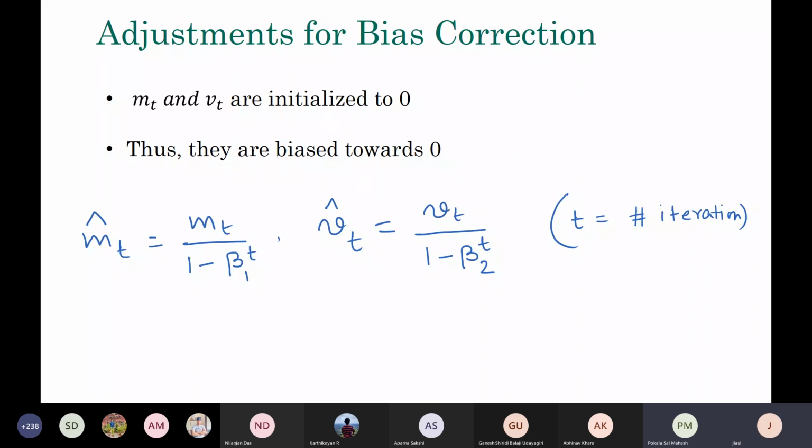So in order to correct that kind of bias, you introduce this concept. You correct the original value by 1 minus beta 1 to the power t.